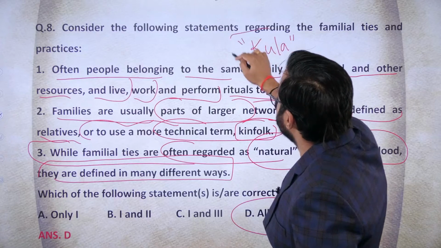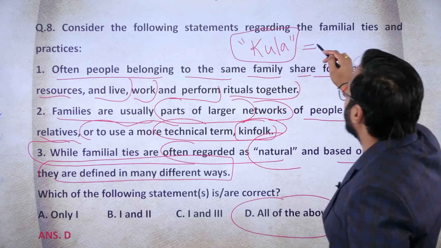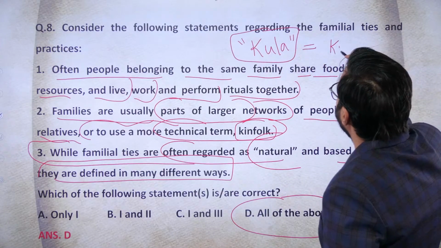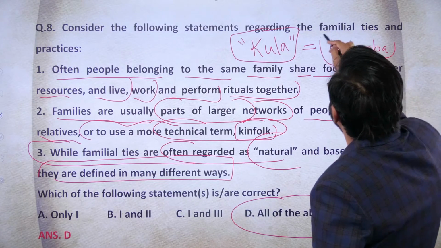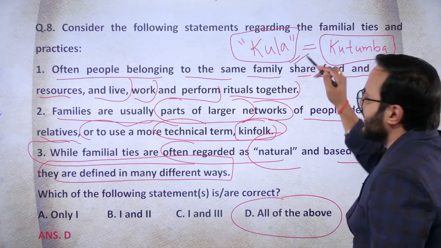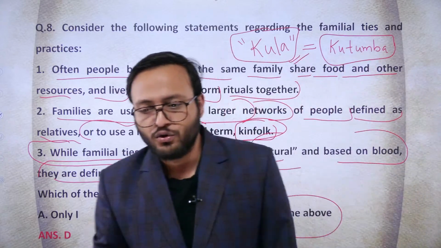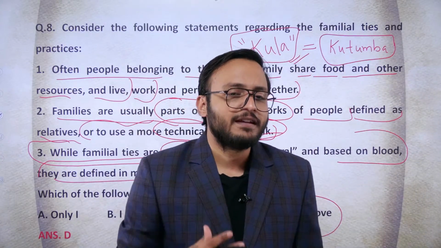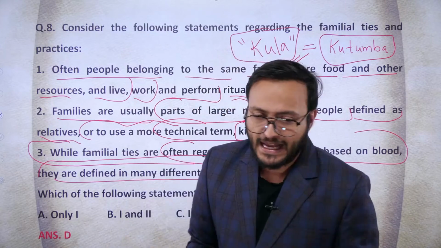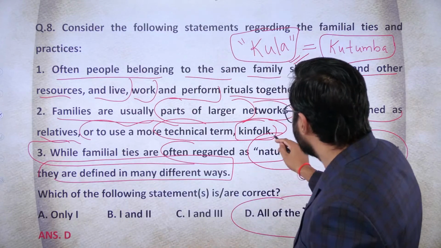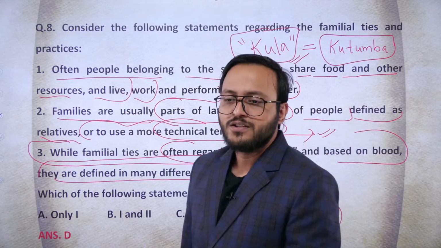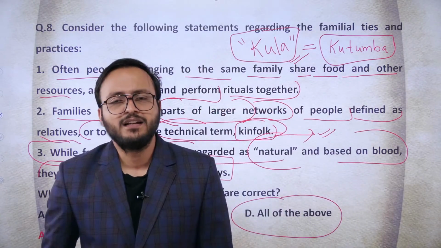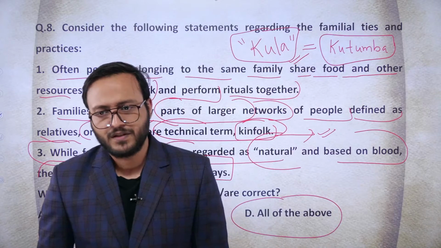This is the ancient term, also equatable with the term kutumb. If you say kul or kutumb, that basically equates with the word kinfolk. So that is the answer. All of the above statements are correct, right, everyone?